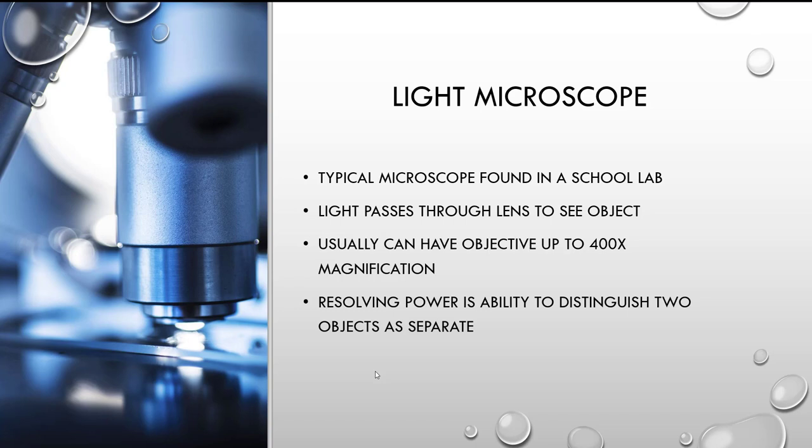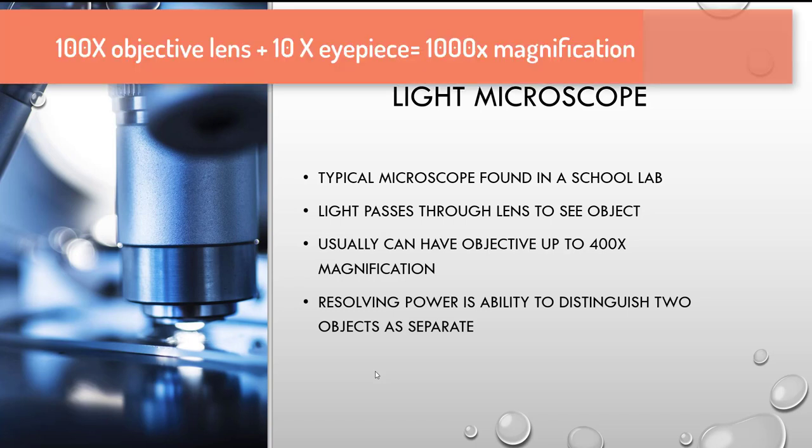Some of our light microscopes, like the ones we use in our 101 course, do have a 100 times objective lens, which would allow for 1,000 times magnification. If those are present, students can use them, but they have to use them with oil.